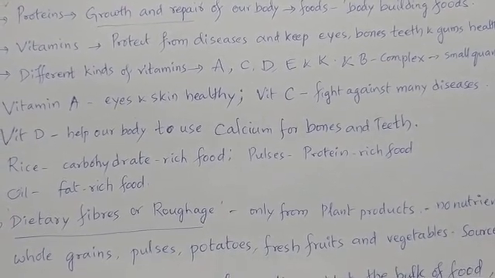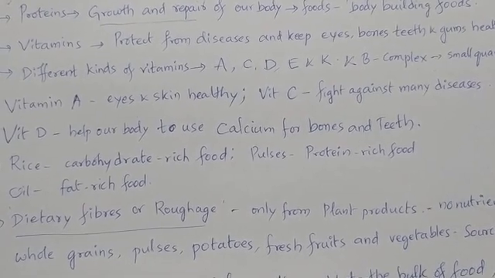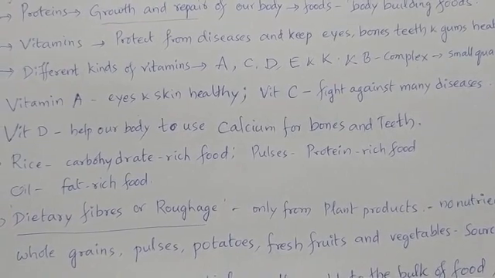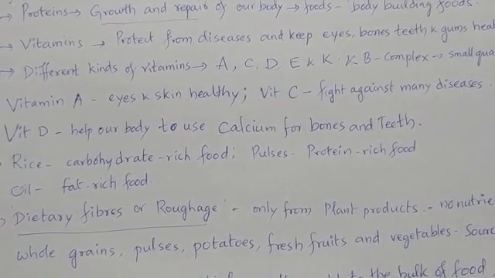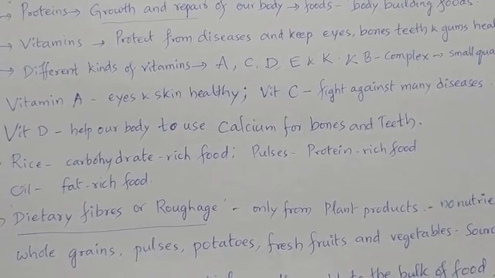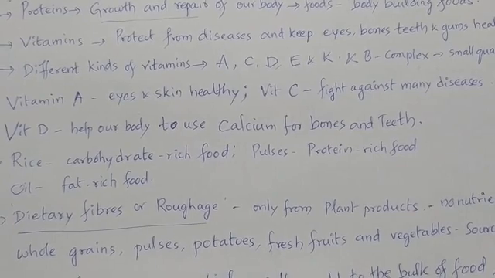Rice contains carbohydrate as the major nutrient in it. And pulses like Bengal gram, green gram and soya grains contain proteins as the major nutrient in them.